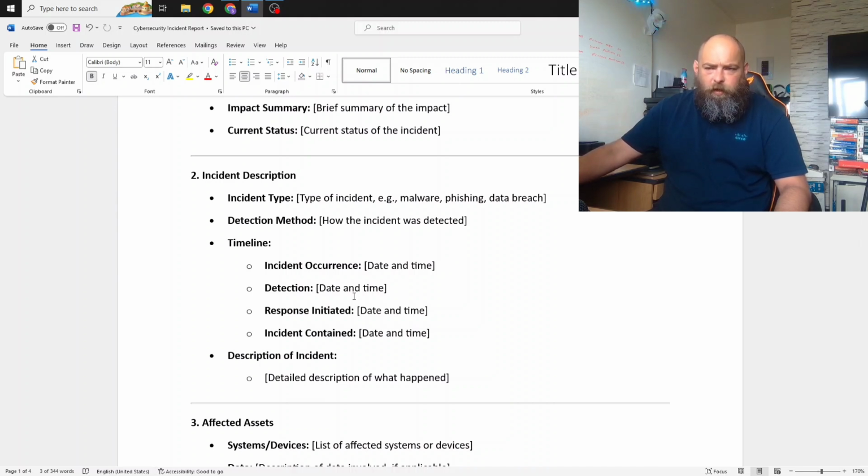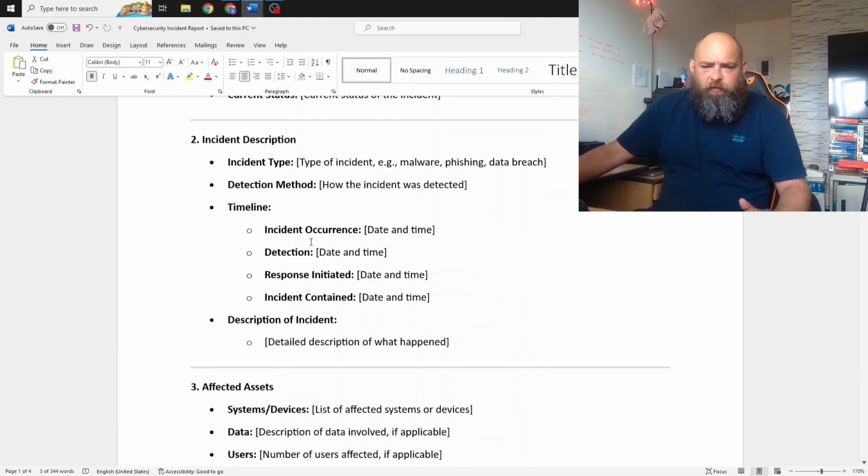Those statements would need to be gathered and inserted into the incident description timeline. And whether or not any authorities were called in terms of law enforcement, that would need to be documented as well.